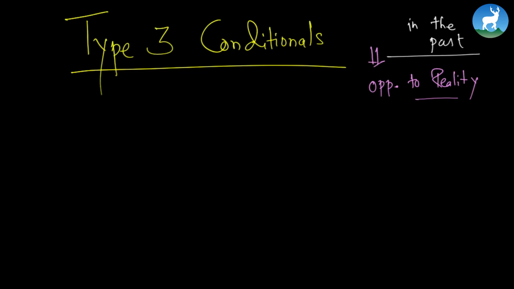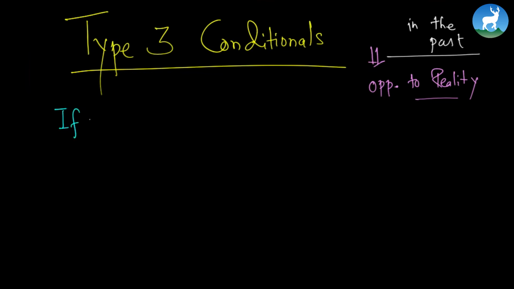The type 3 conditional is used to refer to an unreal past condition and its probable past result. So we have an unreal past condition followed by its probable past result. In type 3 conditional sentences, the if clause uses past perfect and the main clause uses the perfect conditional. Sounds good? So let's write that and you'll understand what that means.